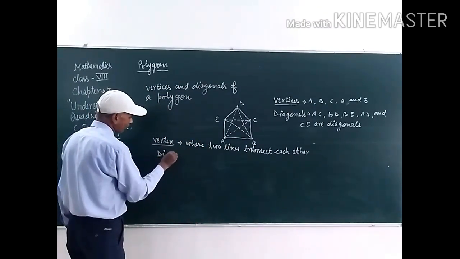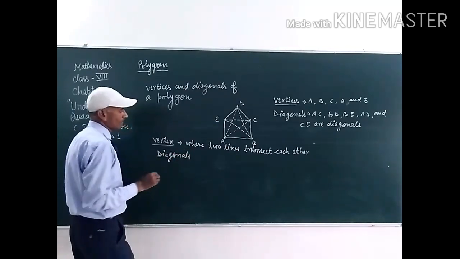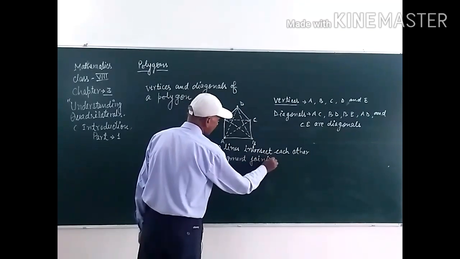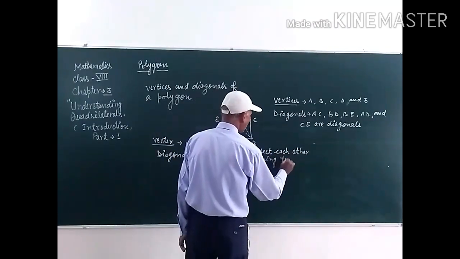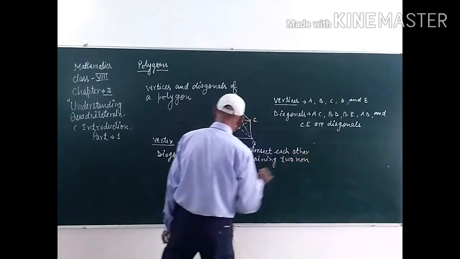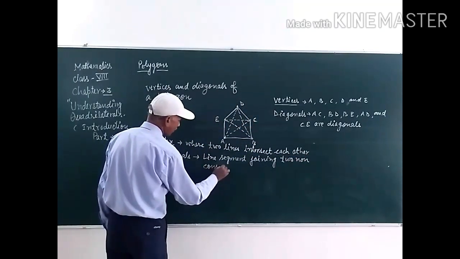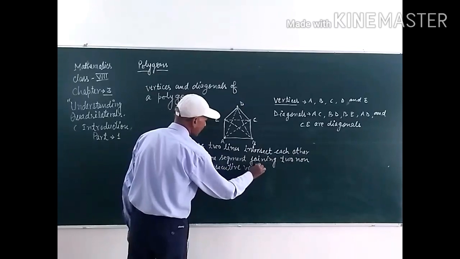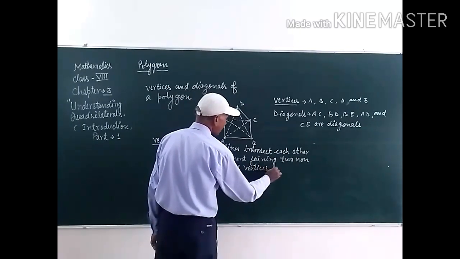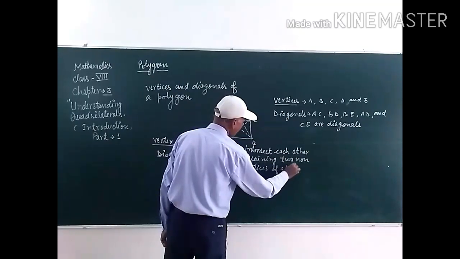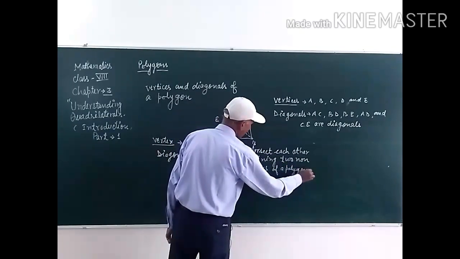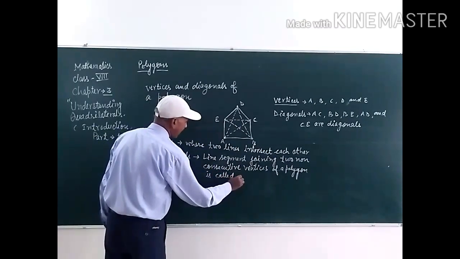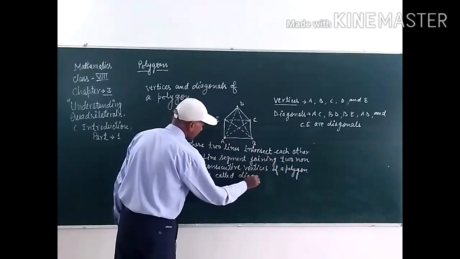A line segment joining two non-consecutive vertices of a polygon is called a diagonal.